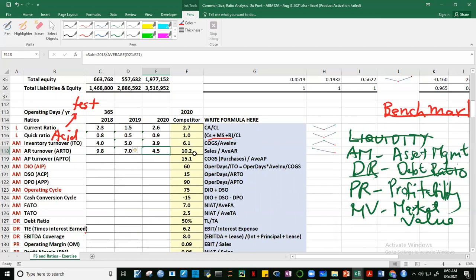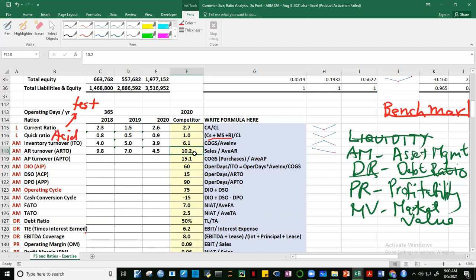Samantala yung competitor natin, 10 times a year. Benta, collect, benta, collect, benta, collect. So talong-talo tayo guys in terms of AR turnover. 4.5 times a year lang, ibig sabihin ng guys, matagal yung collection natin. Sa kanila, mas mabilis, no? 10 times na uulit yung proseso na yon.